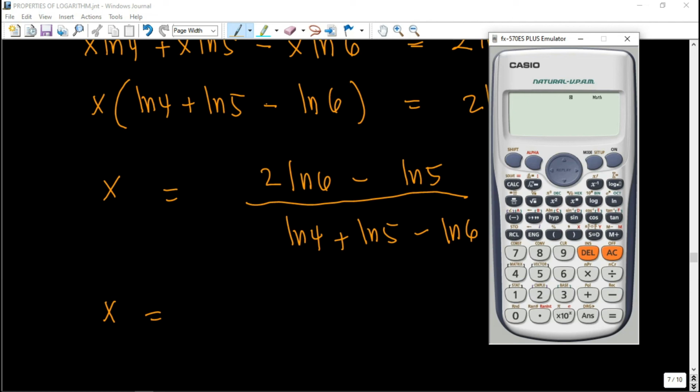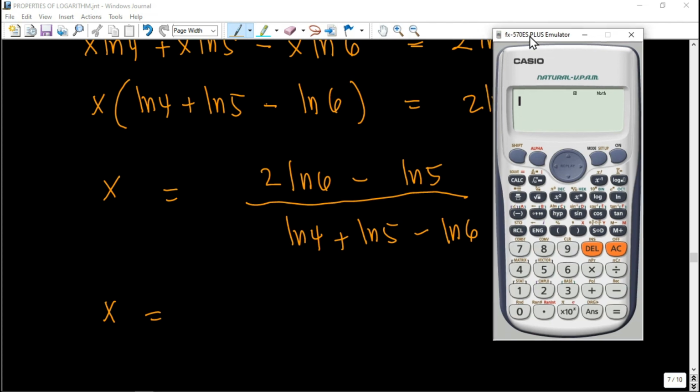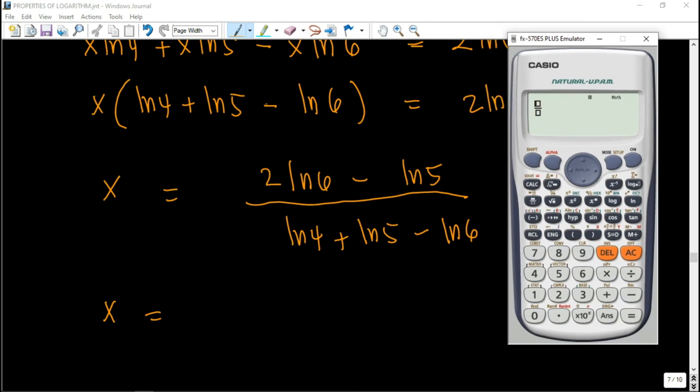And kung CE ka, if you are a civil engineering student, you can use Olympia 570 ES Plus, and of course, yung kadalasang ginagamit ng mga CE, you have here Canon 789 SGA. So here, this is the first edition of Casio 570 ES Plus. Gamitin natin siya for this.